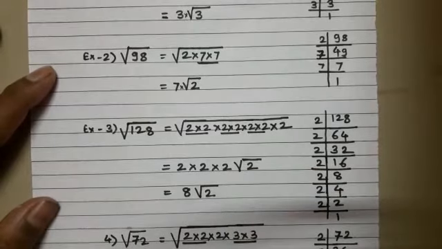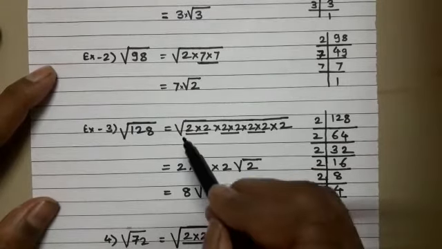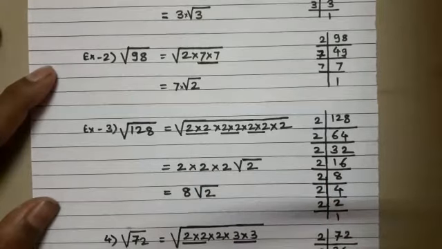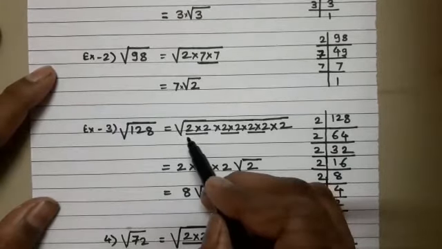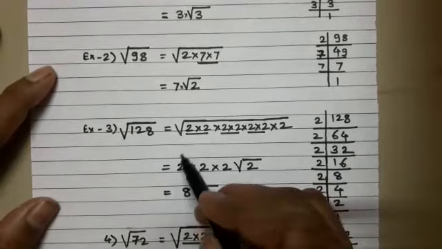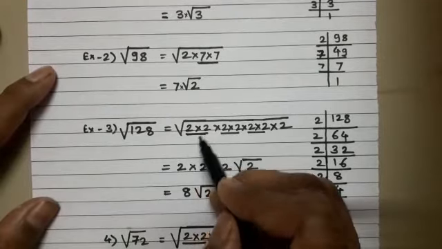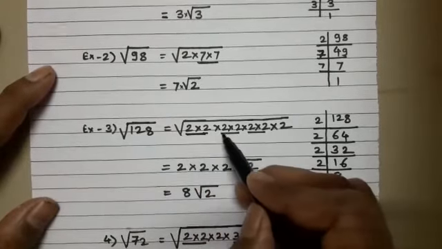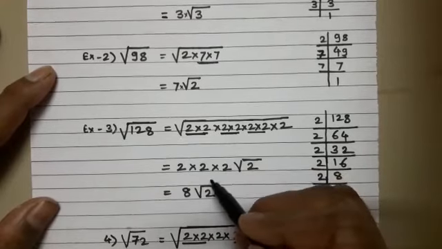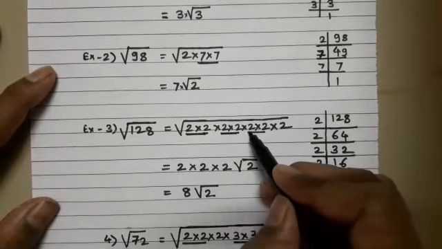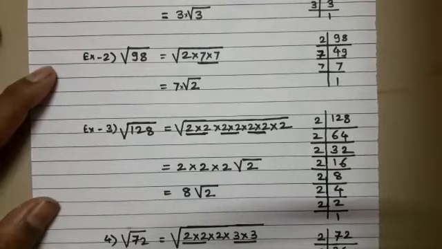Now the order of the surd is 2. Make the group of two same factors. This is the first group formed here. Form the second group of same numbers. Form the third group of same numbers.